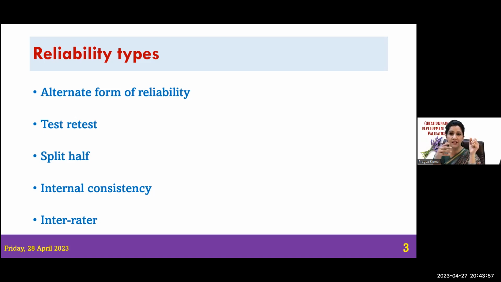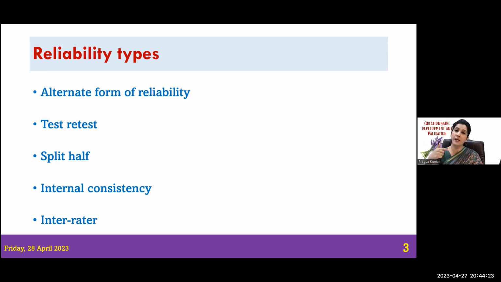Coming to the test-retest reliability. What is the test-retest reliability? Anyone? As the name suggests, same result every time, or same tool every time. So it is to see whether the scale has temporal stability or not.